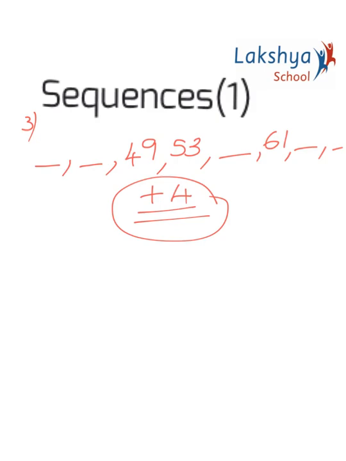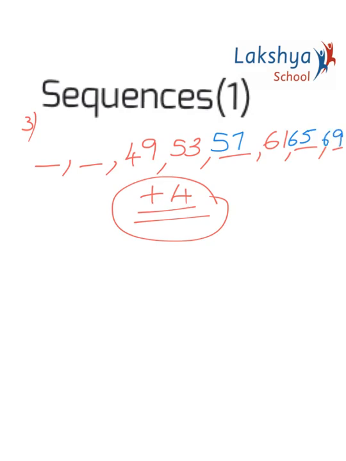So we see that the number next to 53 would be 57. Let's complete the forward count and finish the sequence. The next number would be 65 and the last number would be 69.